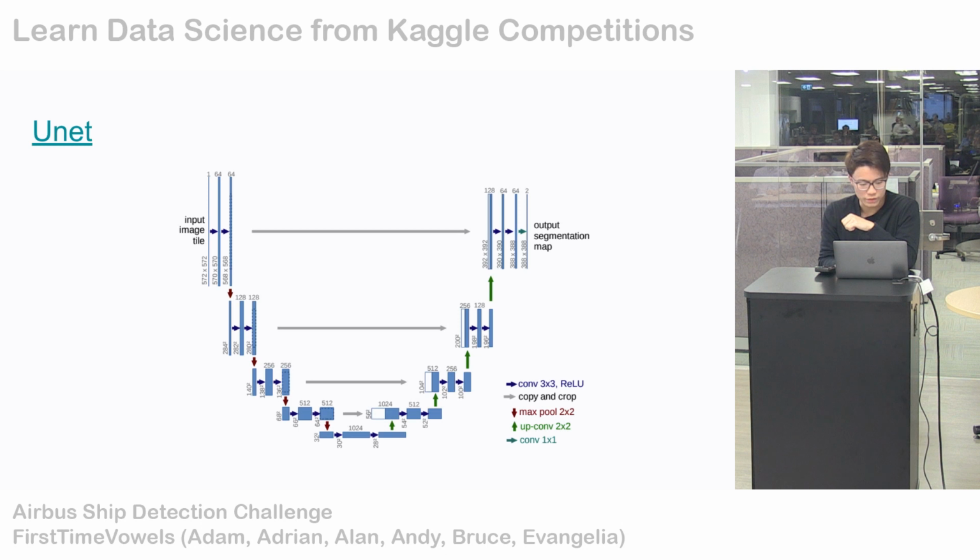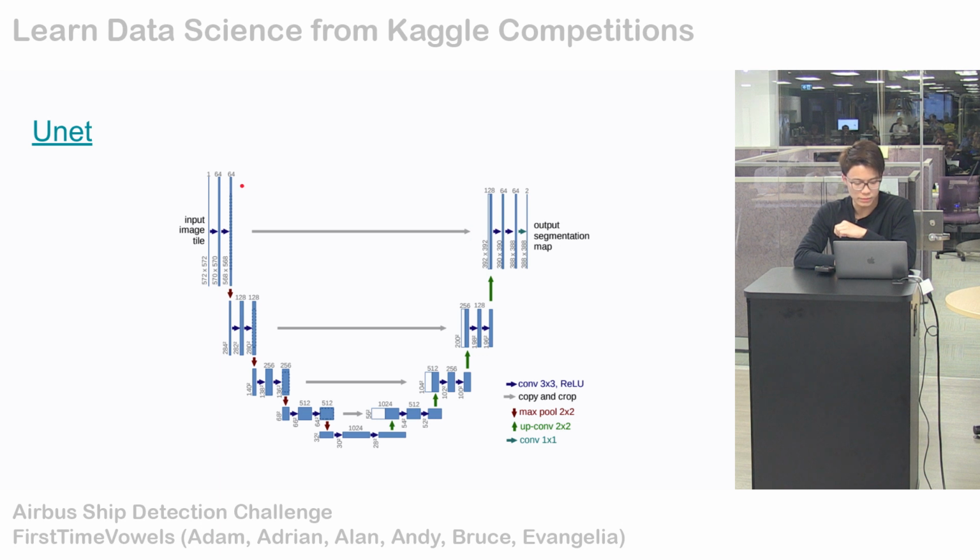With UNet, the idea is you first downsample your image by going through some convolutional layers, and then you upsample with some other convolutional layers. There's also a gray line here, meaning the information from this side will go to this side by a concatenation.